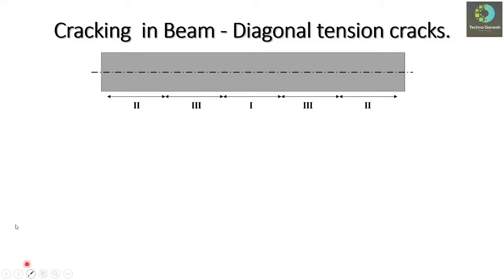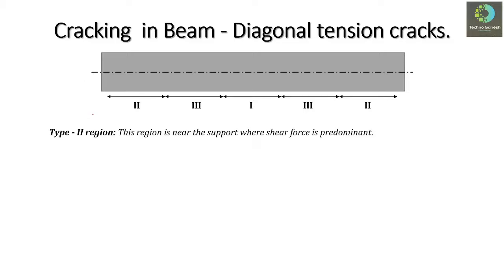As we already saw in the previous lecture, in this zone the shear force will be maximum and the bending moment will be almost equal to 0 or negligible. So in this region, the type 2 region near the support, the shear force is predominant.